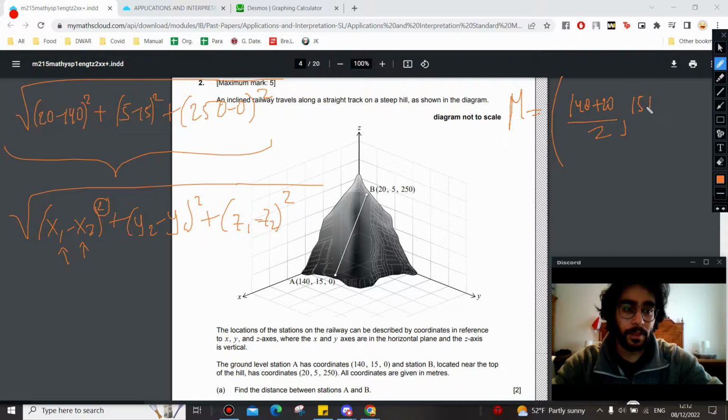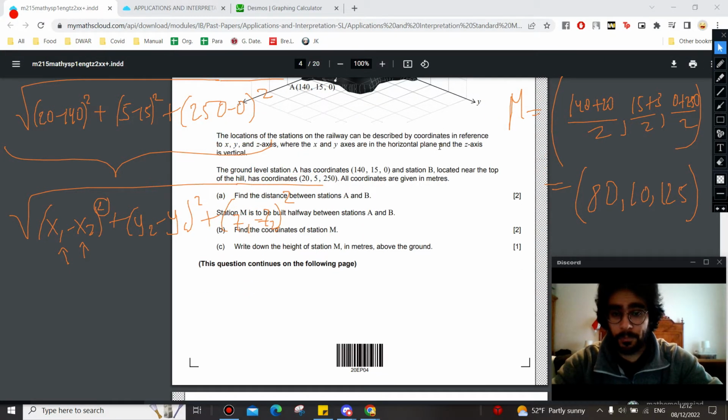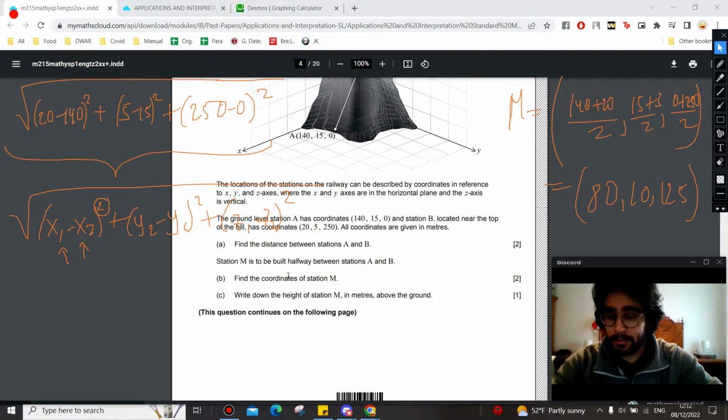Then you have 15 plus 5 divided by 2, and then you have 0 plus 250 divided by 2. This would be your midpoint, which will be equal to 80, 10, and 125. Okay, so that's the answer for part B. That's again easier than the first one, comparatively, of course. Both of them are rather easy if you remember the formulas.